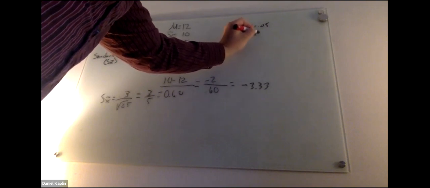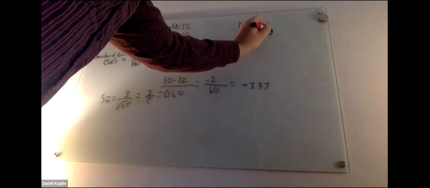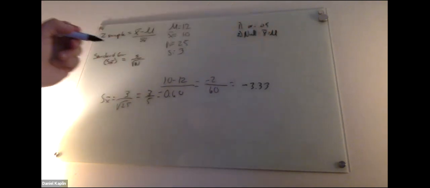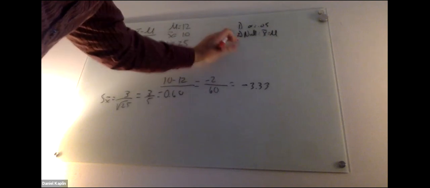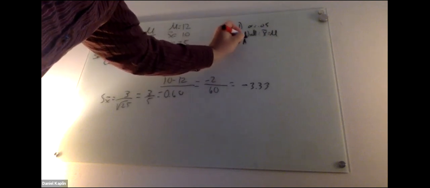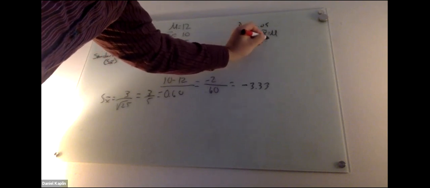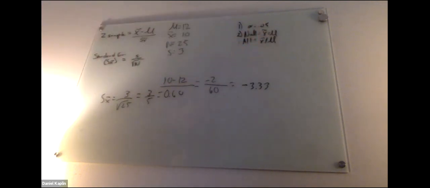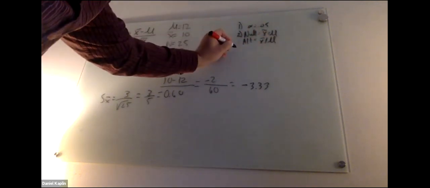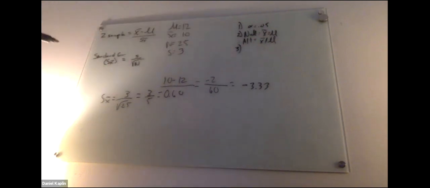Null is X bar is equal to mu. I don't know if you can see that. The alternative is X bar is not equal to mu, right? Then we have to decide whether we're doing a one-tail or two-tail test.